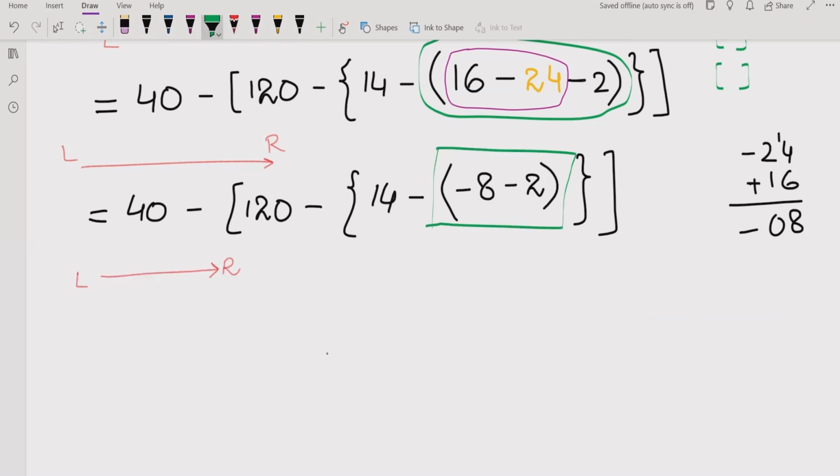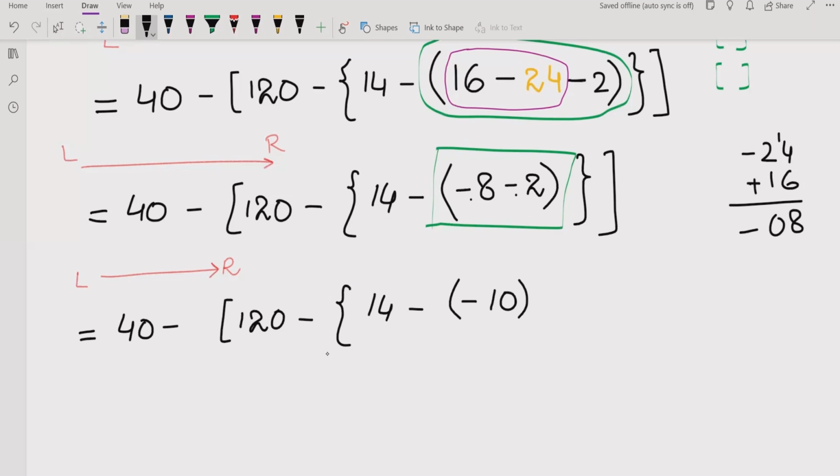So 40 minus 20 minus curly bracket 14 minus minus 8 minus 2. Minus minus means both will be plus, but the sign will be minus. So 8 plus 2 is 10, and we get minus 10 inside the curly bracket and square bracket.